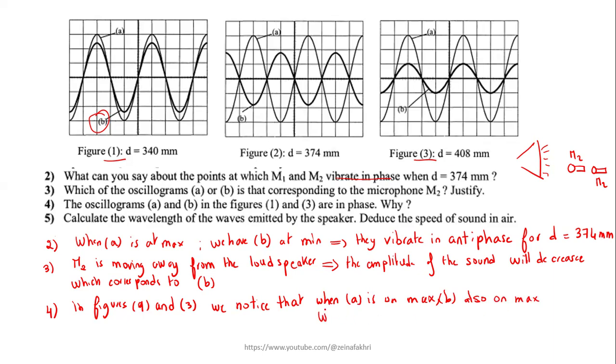And when A is at a minimum, B also is at minimum, which means that A and B in these figures are in phase. So A and B are in phase.